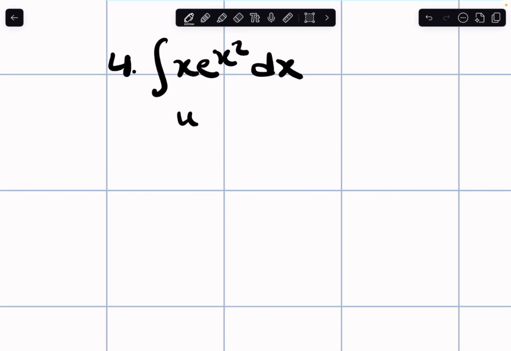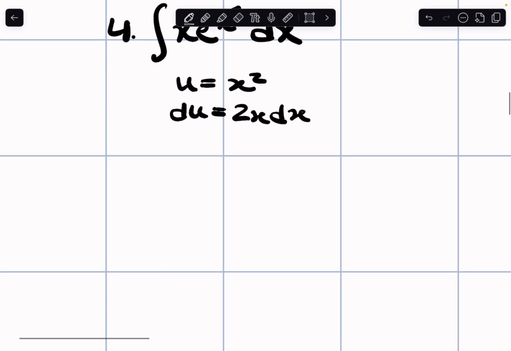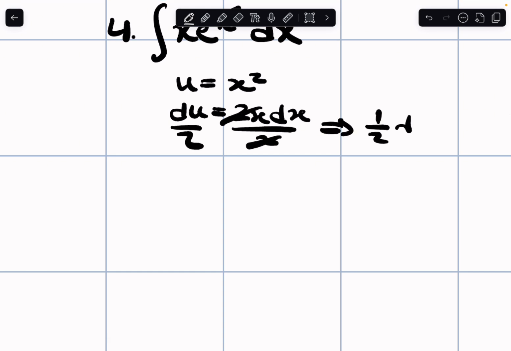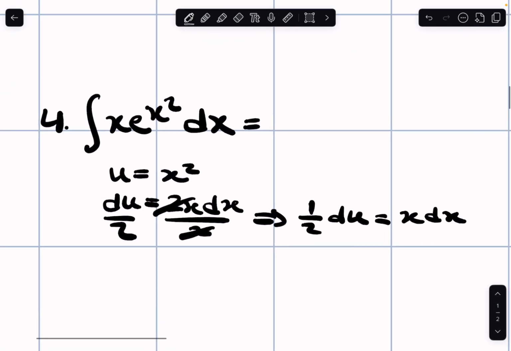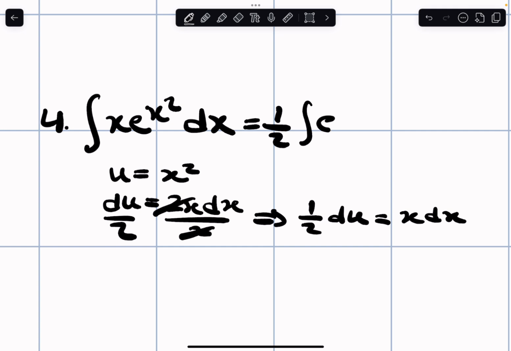So we're going to say u is equal to x squared, then du is going to be 2x, and like the last two problems, they differ by a constant, so we must divide by 2. It's going to be 1/2 du is equal to x dx. Okay, then we can take the half out because it's constant, times the integral of e to the u du.